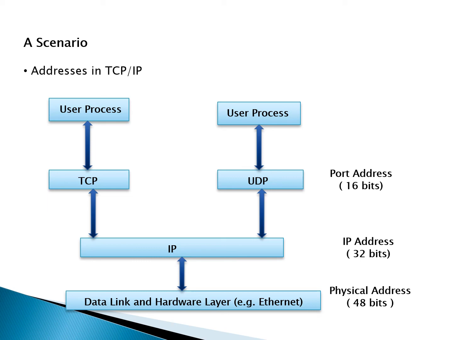Therefore, whenever a process sends a data packet, the corresponding port number is carried with the packet, and whenever packets come back, there is a destination port number. The destination port number tells where to forward the packet. There are many programs running. Which program to forward the packet to? So, the port address uniquely identifies the user process. IP addresses uniquely identify the network interface, and the MAC address or physical address uniquely identifies the network interface card.